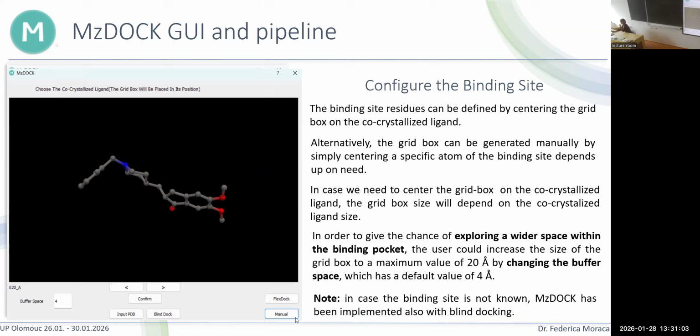For instance, if we don't have the co-crystallized ligand, we can just click here on manual, and the pop-up window will open with the measures of the box you want to reach, and also the possibility to center the box wherever you want.